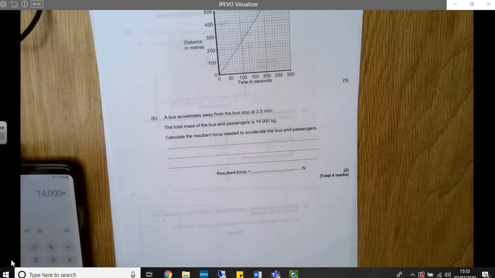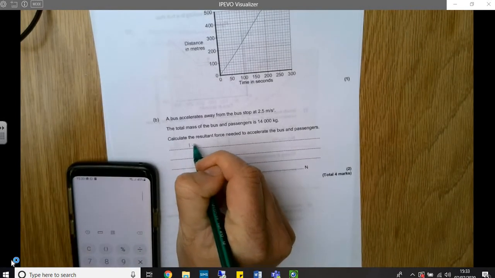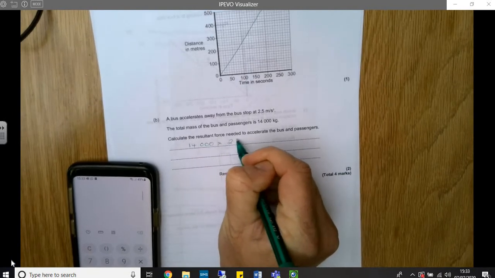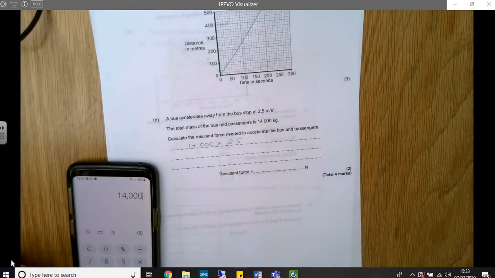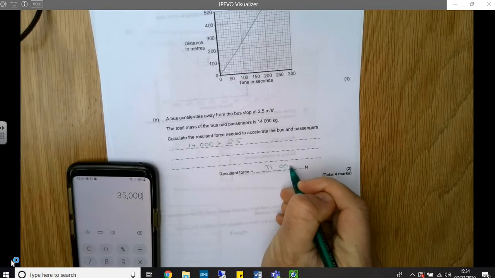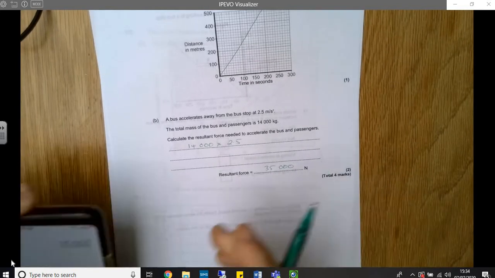What I should be doing is simply 14,000 times 2.5, which gives me a resultant force of 35,000 newtons. And there's 2 marks there.